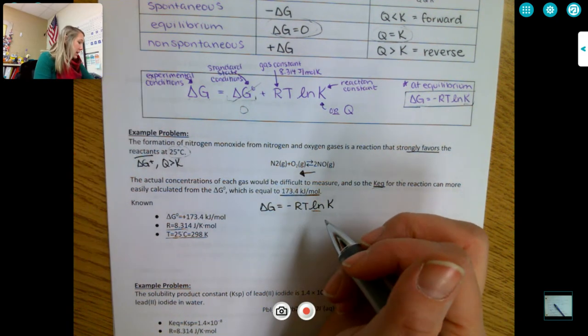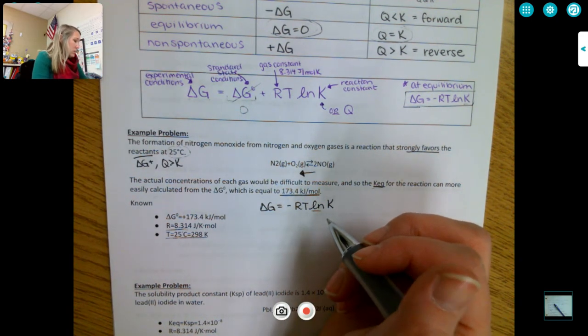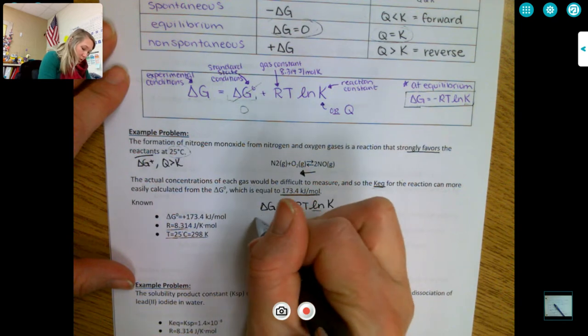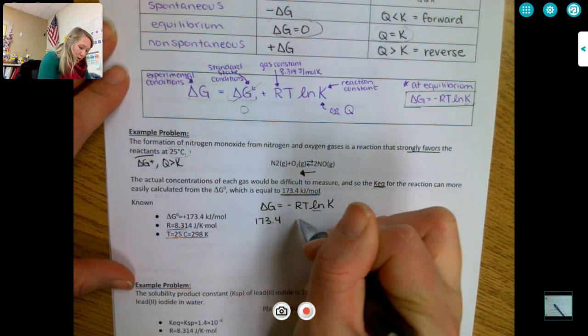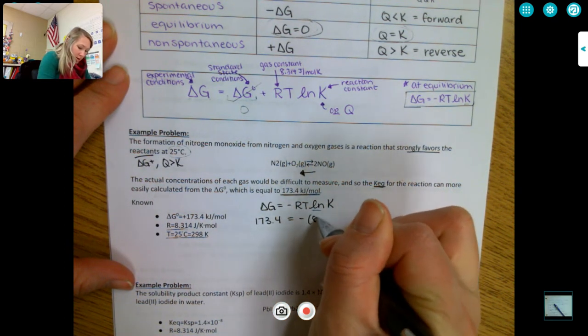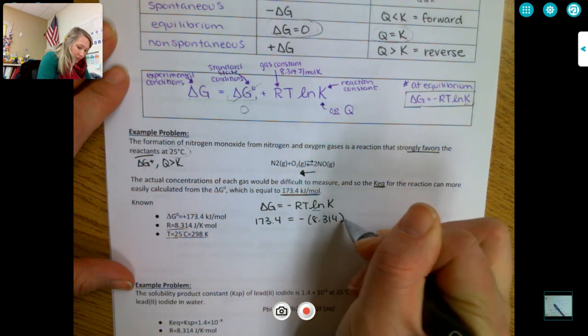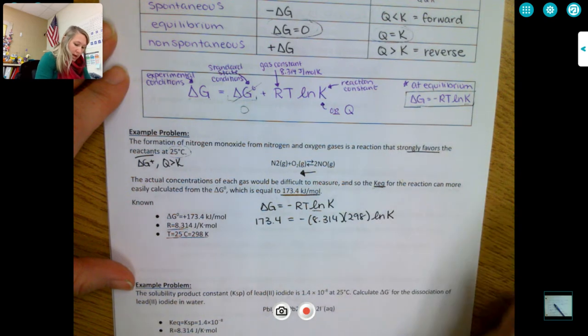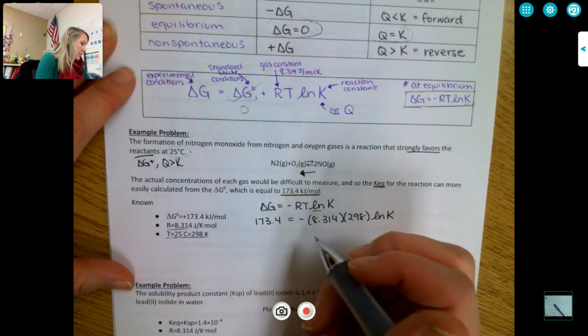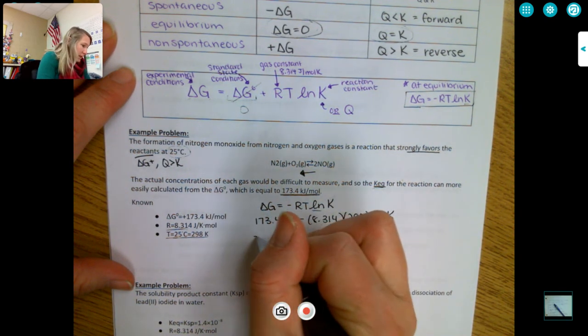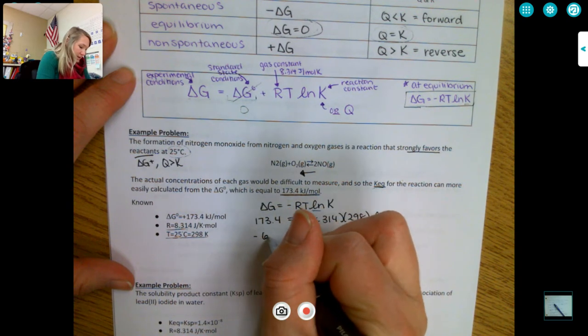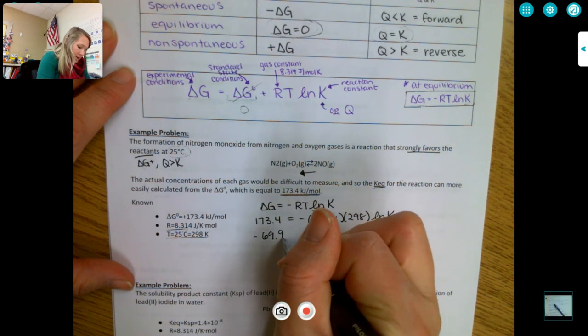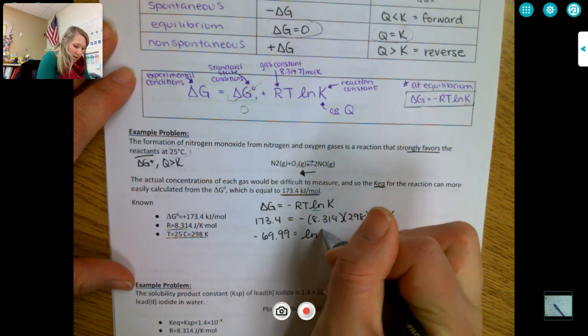So let's plug in our values: 173.4 equals negative R, 8.314, temperature 298, ln of K. When I move these over, I get negative 69.99 equals ln of K.